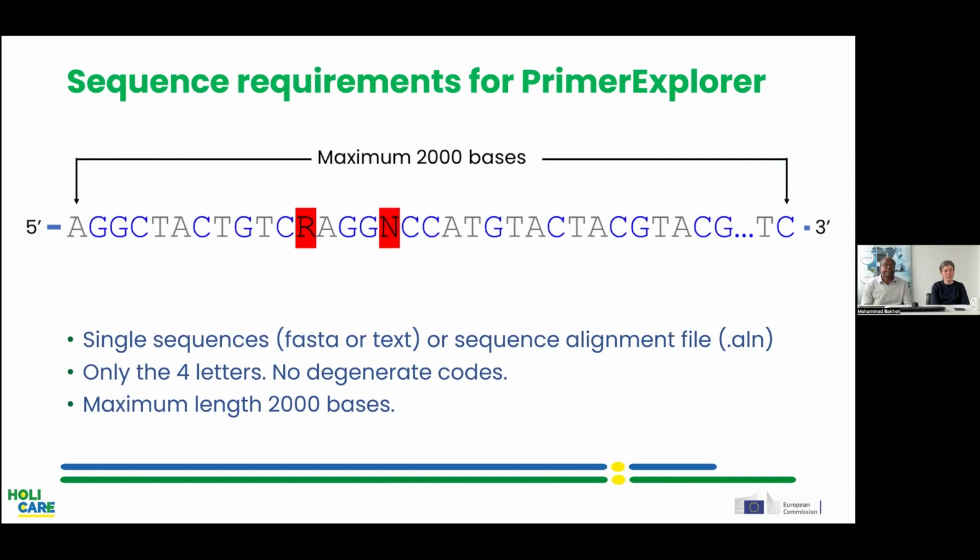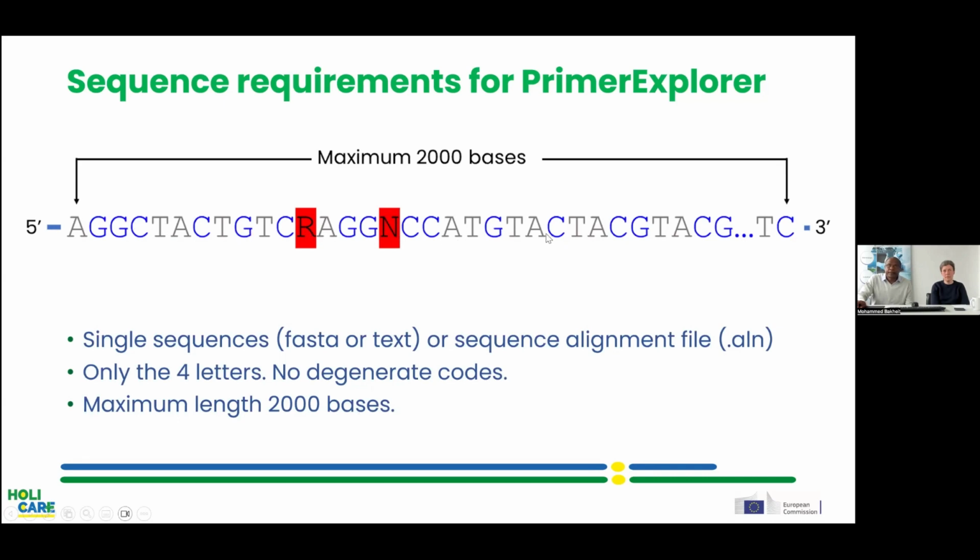But first, let's talk about the sequence requirements of Primer Explorer. How do you prepare your sequence to load to Primer Explorer? You have identified your target, as Friederike has shown. Now, keep in mind that the program only accepts a maximum of 2,000 base pairs. That's one strict requirement of Primer Explorer.